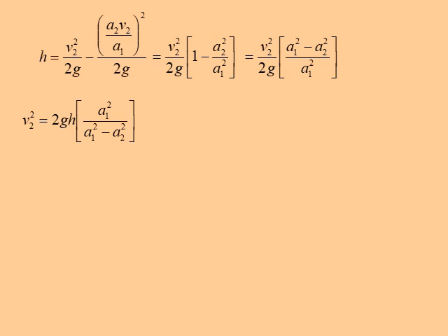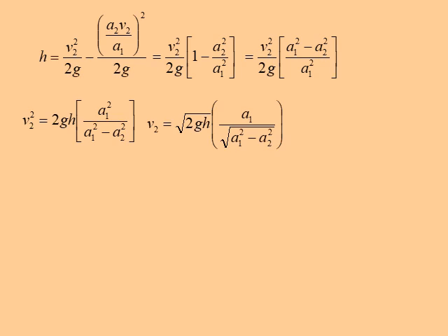So now V2 square is equal to, the left hand side there is H, so now 2g is taken to the left hand side. At that time it is 2g H into A1 square by (A1 square minus A2 square).